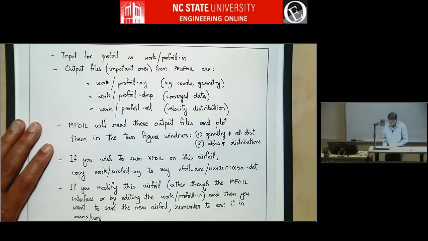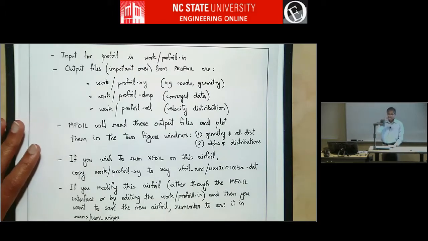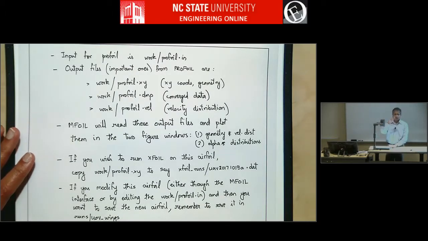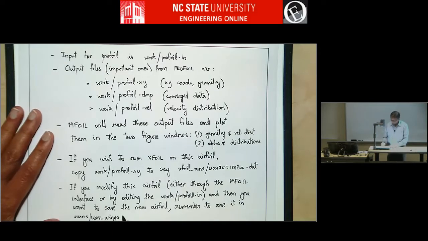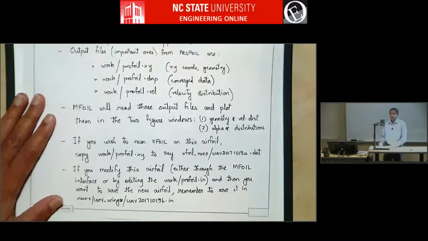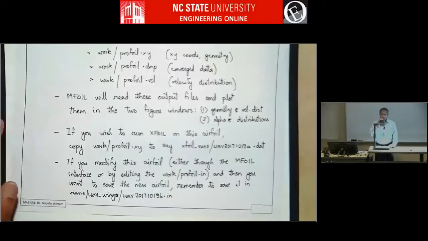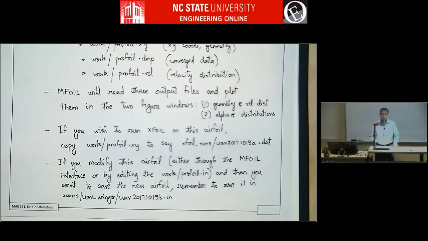In the MFoil interface, you can go and say save file, and you can give a name for it. So this might be called, for example, 2017-1019B.in.